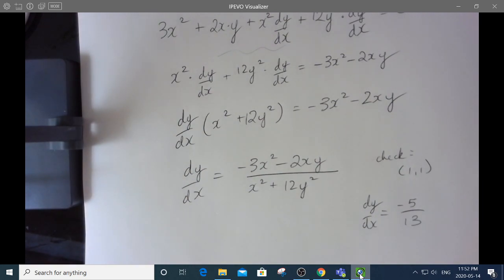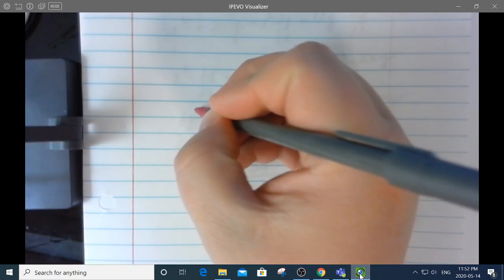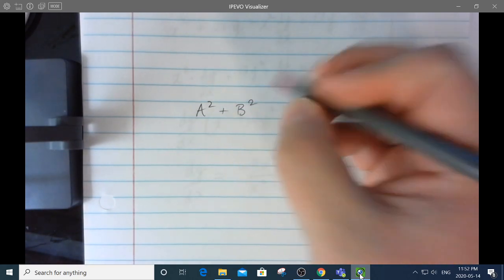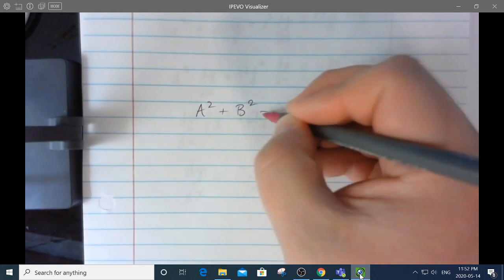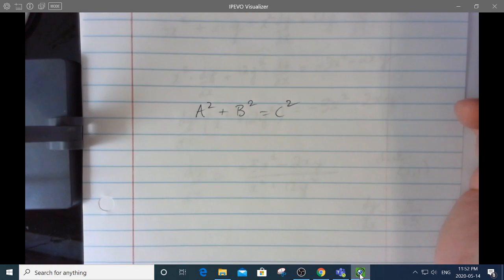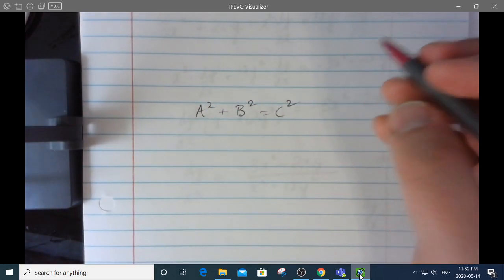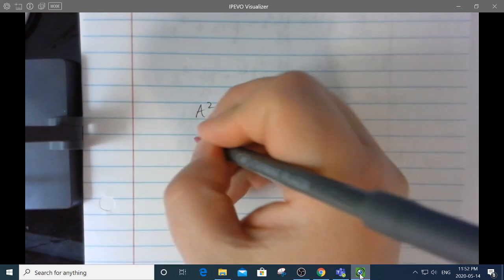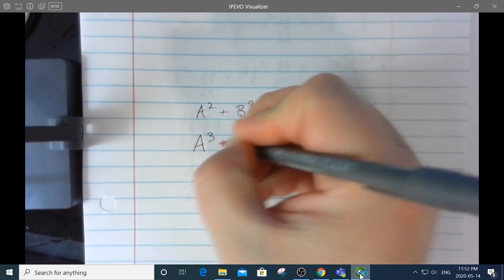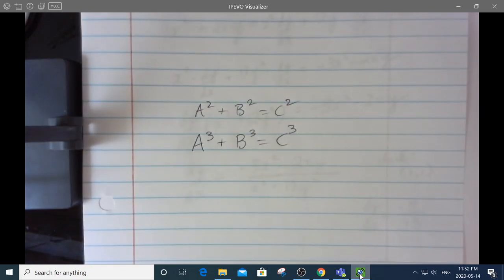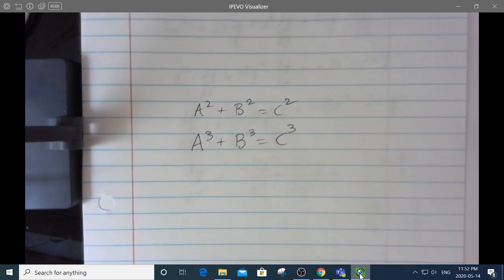We know that there are actually infinite solutions for a squared plus b squared equals c squared, because that's Pythagorean, right? There's infinite. 3, 4, 5 works. But Fermat's last theorem proved that the higher-power versions have no whole number solutions that aren't trivial. Like, for example, if a or b was 0, there's a solution.